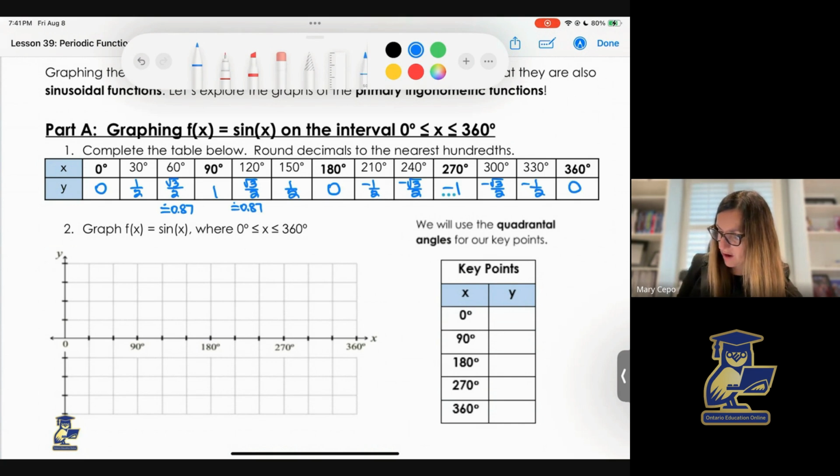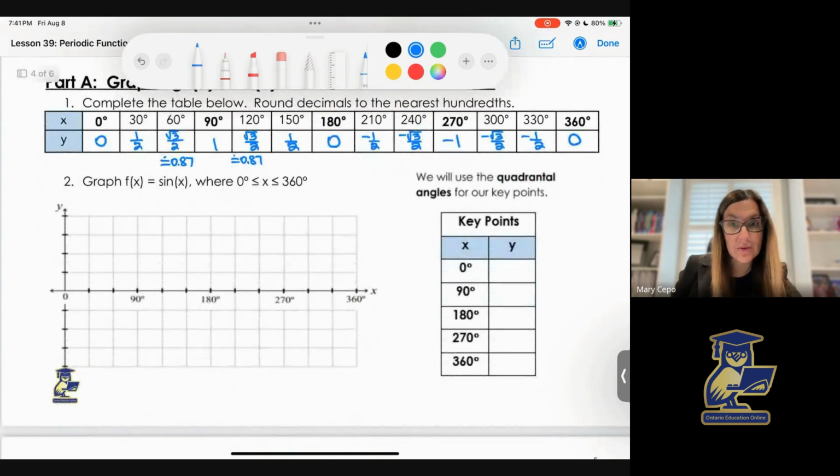Okay, so let's graph that. At 0, we're at 0. The scale on the x-axis goes up by 30s, to 150, 210, 240. The scale is very critical.